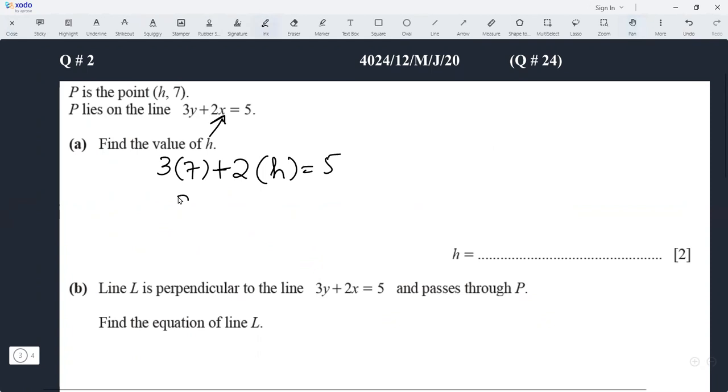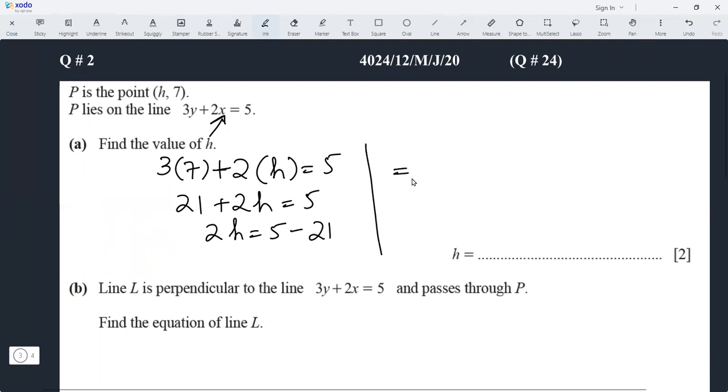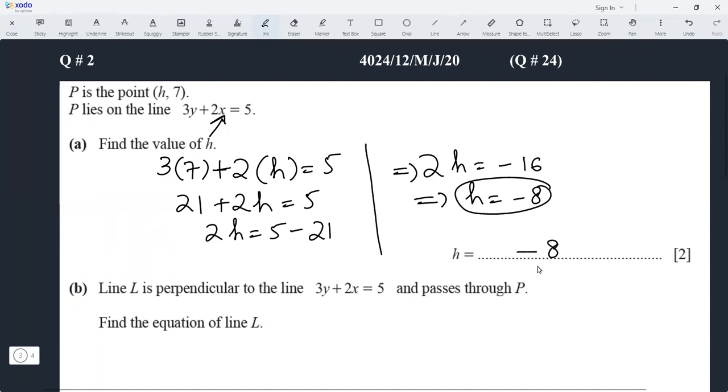Simplified, 3 times 7 is 21, plus 2h equals 5. Bringing that 21 to the other side, 5 minus 21 gives -16. So 2h equals -16, and -16 divided by 2 results in -8. So the answer for h is -8.